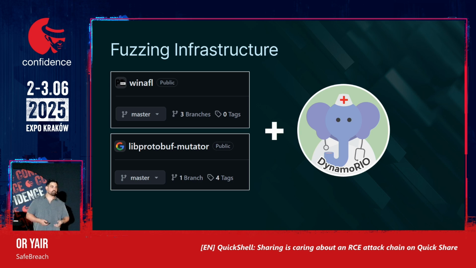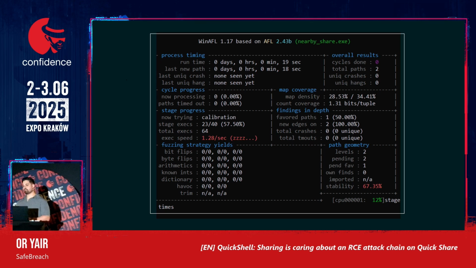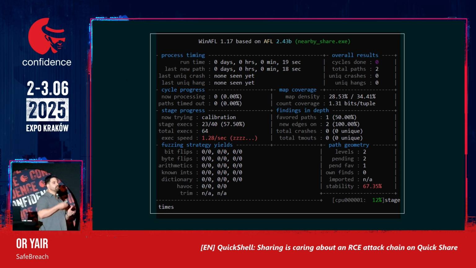After a lot of effort and sweat, a lot of bug fixing and errors, we got to a point where our fuzzer runs, and each iteration fuzzes an entire Quickshare session while we mutate one of the packets each time.